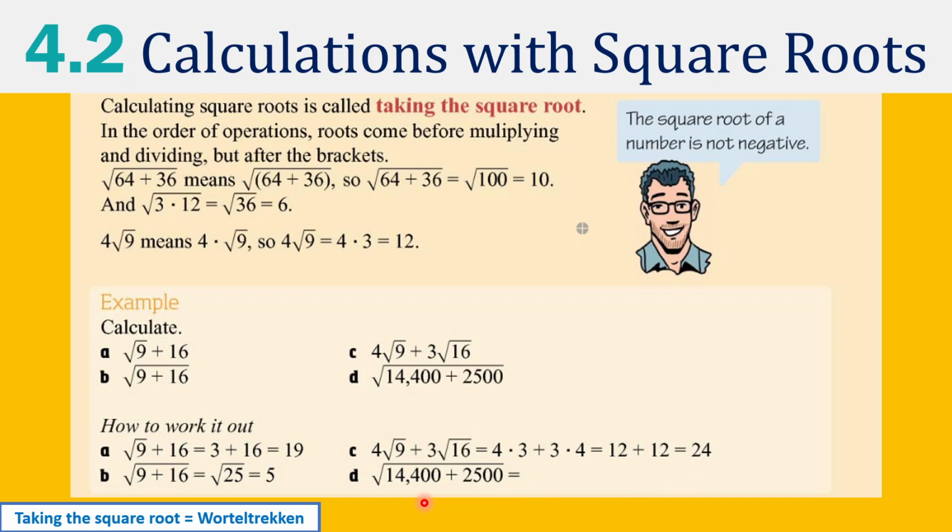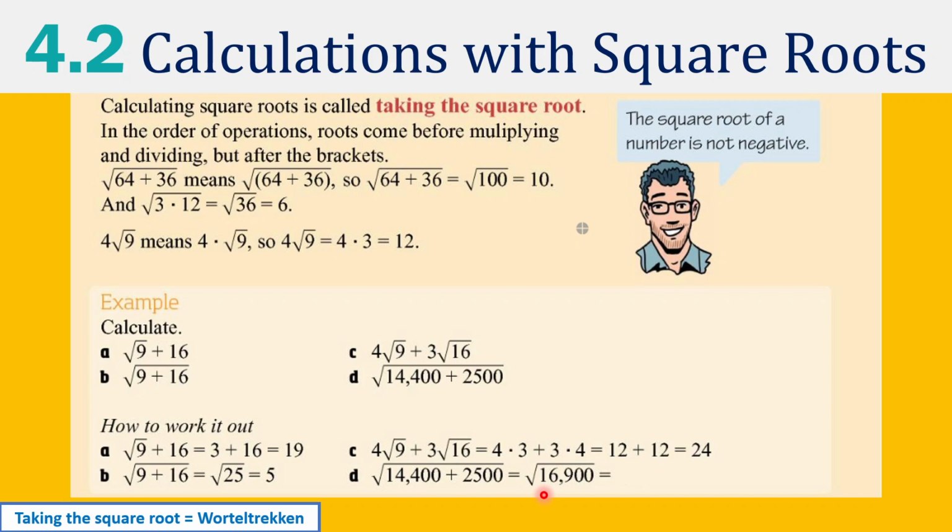Alright? Then at D, first do the addition. Then you get 16,900. Here you have to, actually, know your squares well. Because I don't know maybe mentally what the square of such a big number can be. So maybe you think you have to take out your calculator here, but you don't have to.